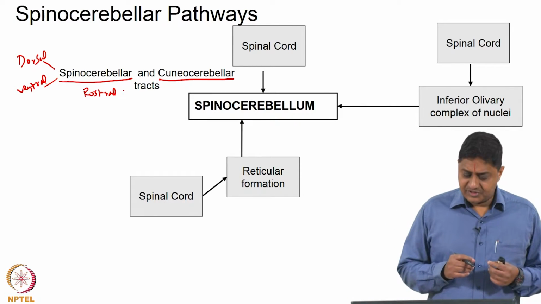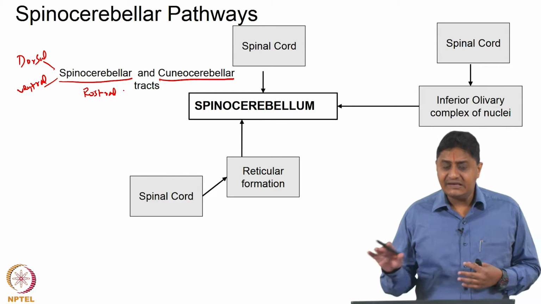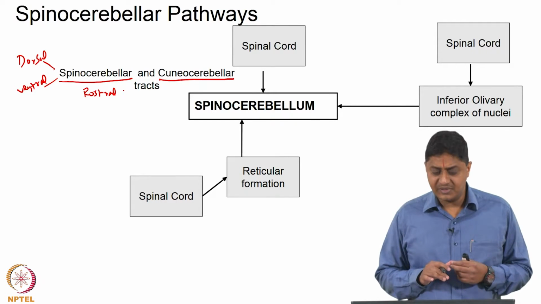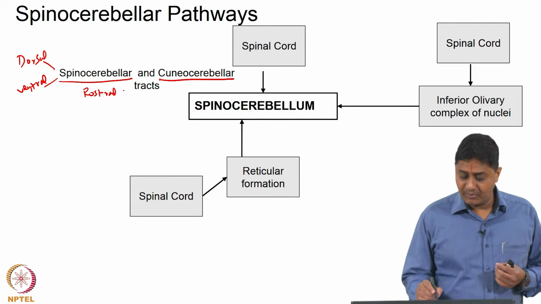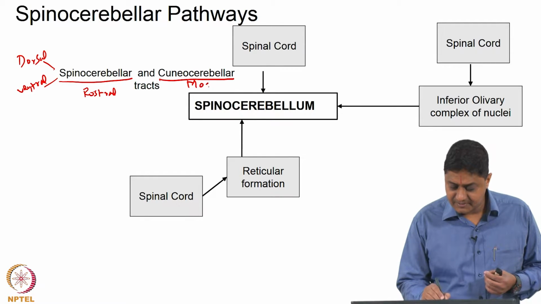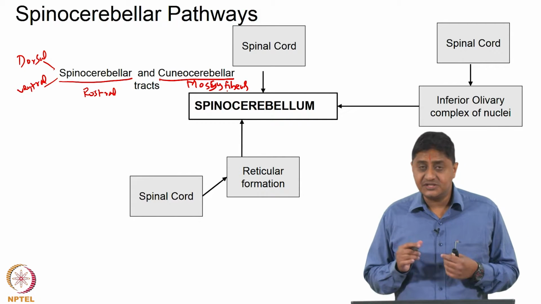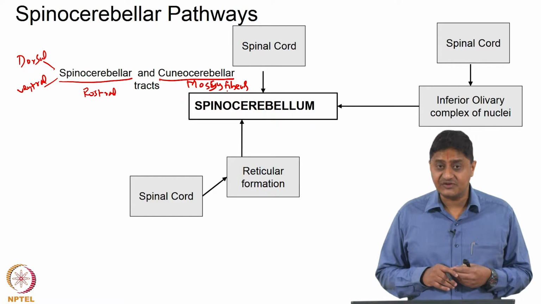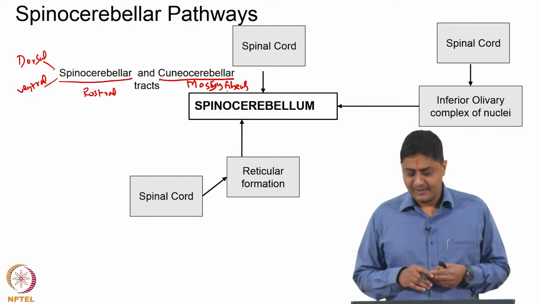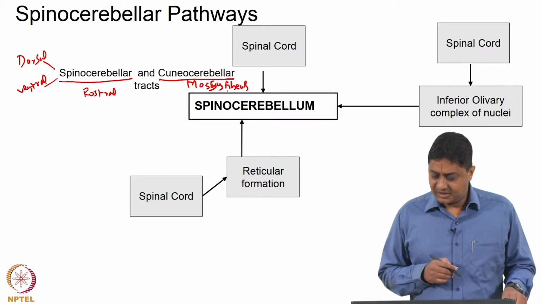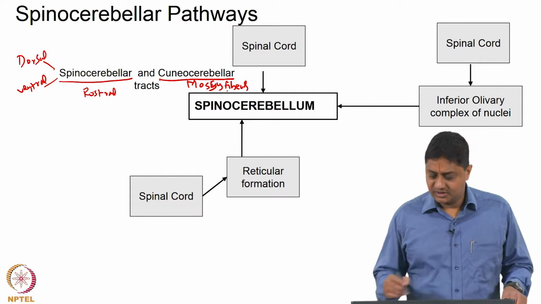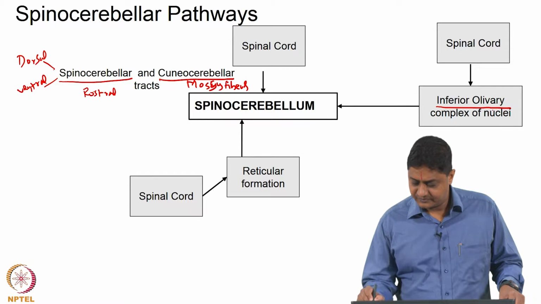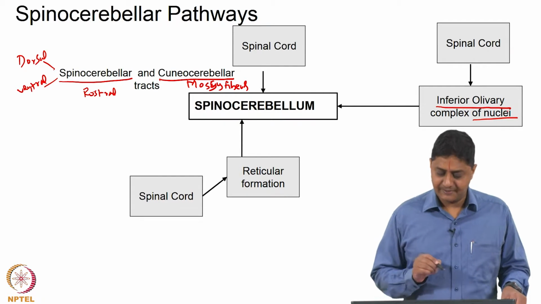So, there are multiple pathways that project from the spinal cord directly into the spinocerebellum. That means these neurons become mossy fibers and project to the vermal and the intermediate zones in the cerebellum, or the spinocerebellum. These are the mossy fibers that project to the spinocerebellum, right. Also spinal cord projects to the inferior olivary complex nuclei.